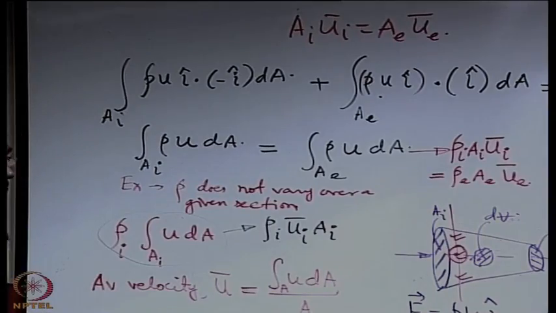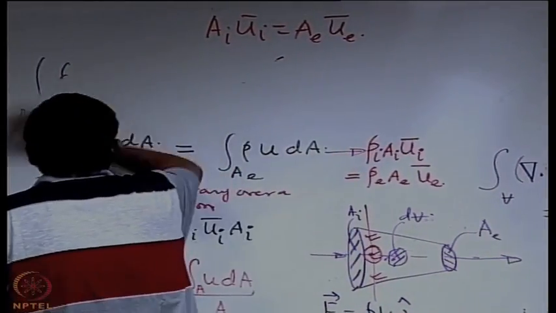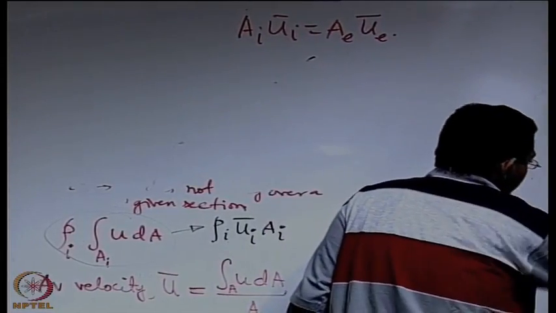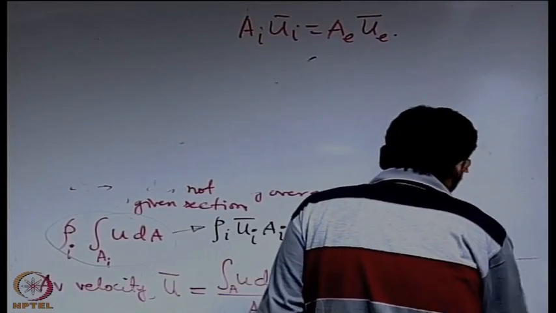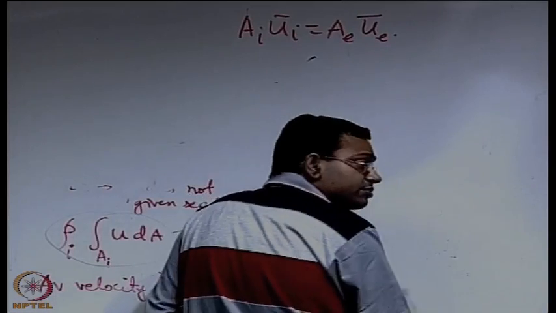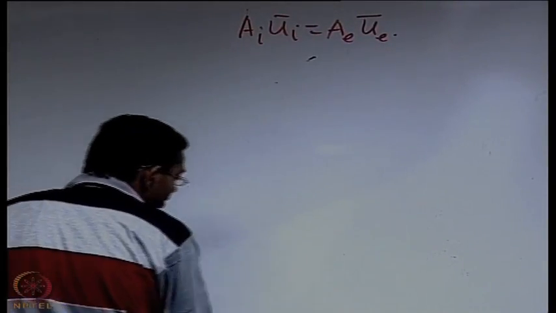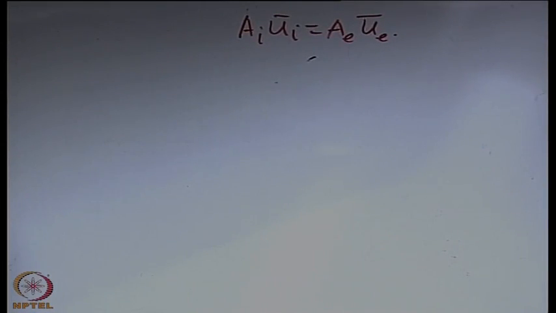Now next let us look into another issue. We have discussed the continuity equation in a general vector form, but we have not looked into the other coordinate systems. We have looked into the Cartesian coordinate system, but let us say that we are also interested in the cylindrical polar coordinate system.